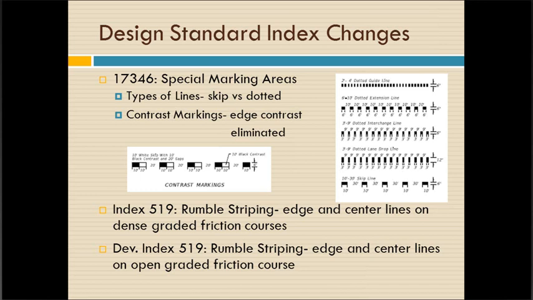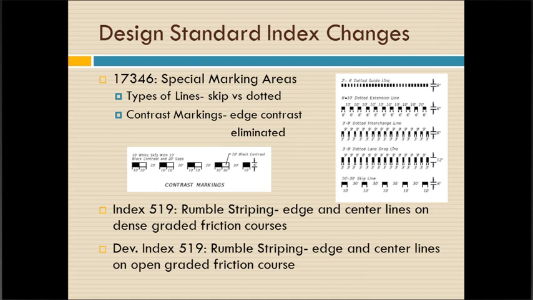So what was happening was when you try to grind a 1/2 inch in open graded friction course, you found out that the depth would go all the way from 7/16 to 3/4 of an inch. So we are not going to release what we're going to do permanently for open graded friction course right now.